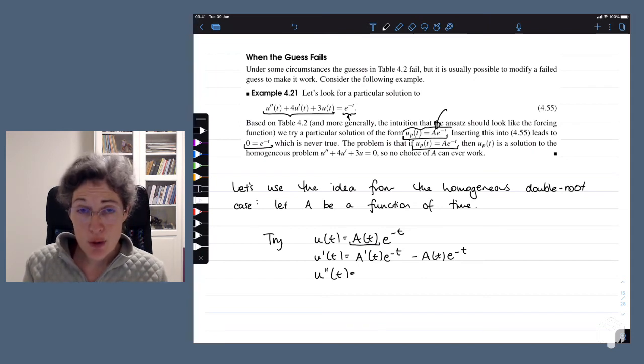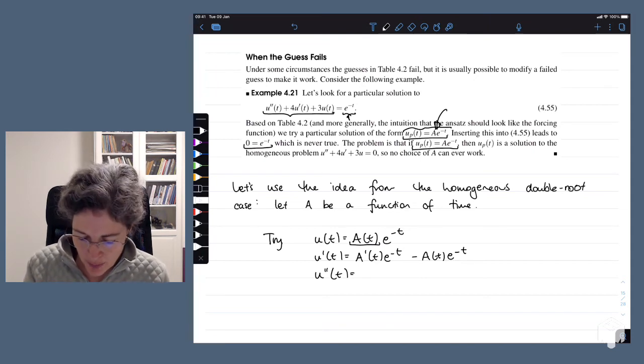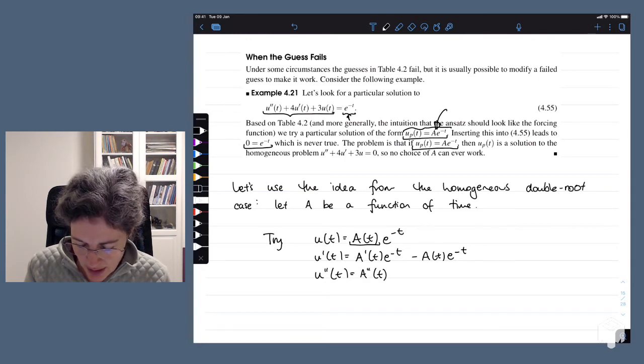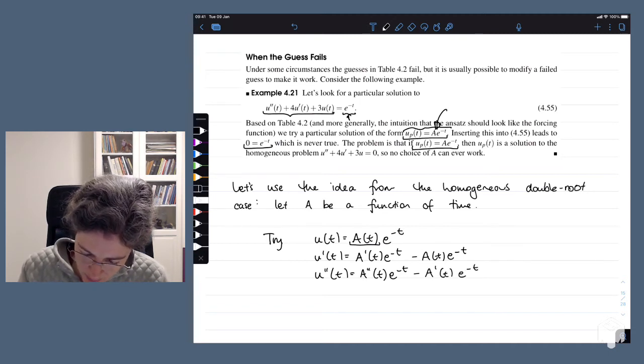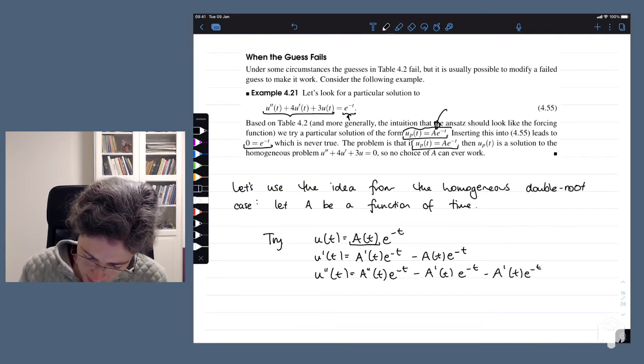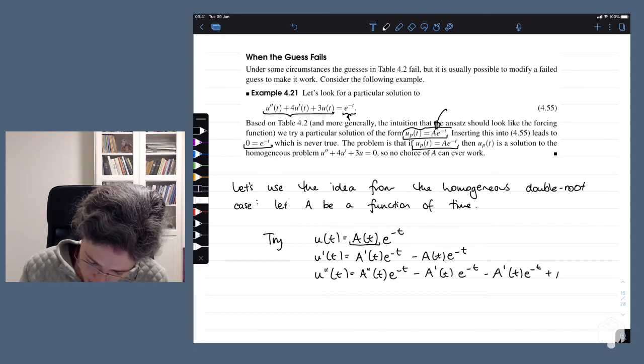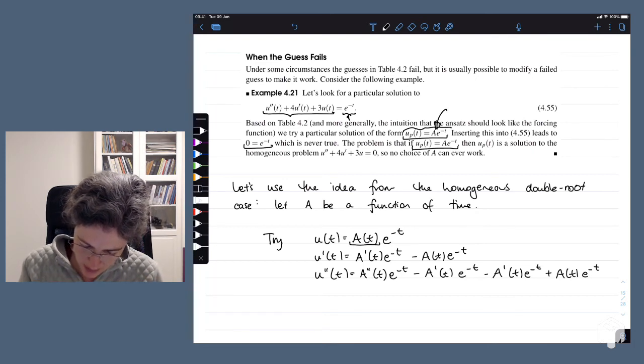And now we've got 4 terms in our derivative. So we've got an a double prime of t e to the minus t, minus a prime of t e to the minus t, minus a prime of t e to the minus t, plus a of t e to the minus t. Okay, I think I did that all right.